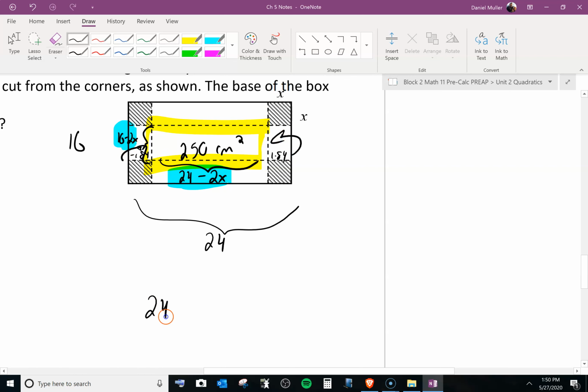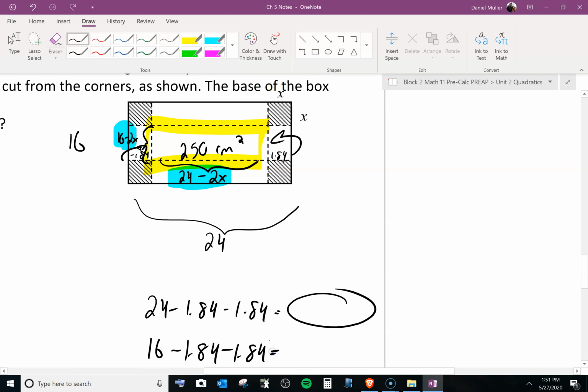So you have 24 minus 1.84 minus 1.84, and you get your dimension. You also do it at the same time for 16 minus 1.84 minus 1.84, which equals 12.32 centimeters. That's just using my calculator. The 24 one was 20.32.